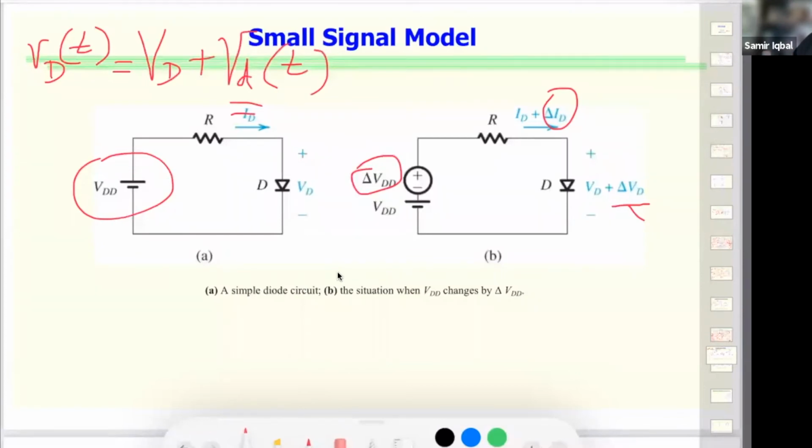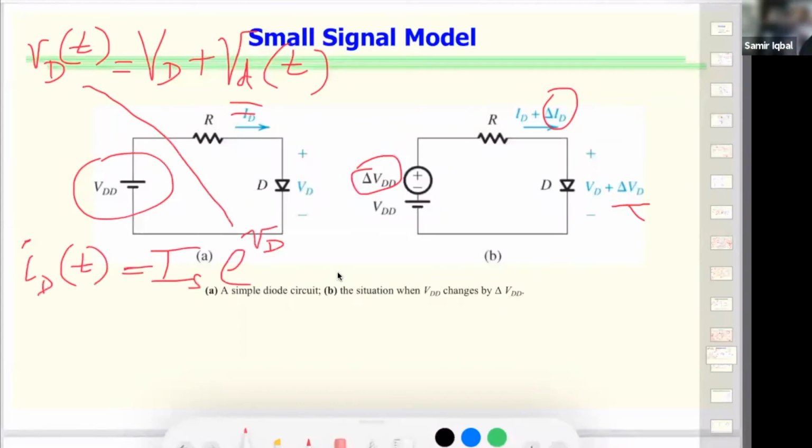All right, so what is the current for a time varying signal? I can write down the same fundamental current for the diode in forward bias, ID, but now I have to write the time dependence. That becomes again the basic current IS times e to the power, now instead of just VD, I have to write this quantity, which is composed of the DC and the small variation, divided by VT.